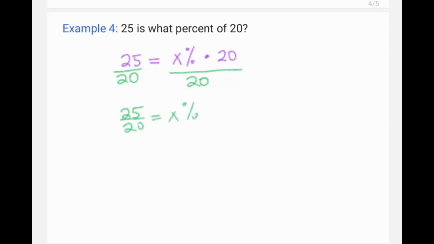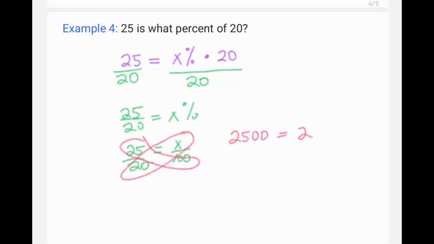We still want to change that into a fraction. So now we have x over 100, and we have 25 over 20. And now it is a proportion, so we can do a cross product. We can multiply across and multiply across. So it's 2500 is equal to 20x. And we divide both sides by 20.